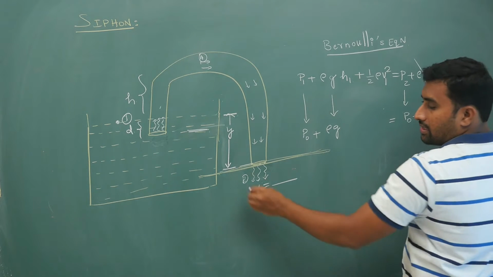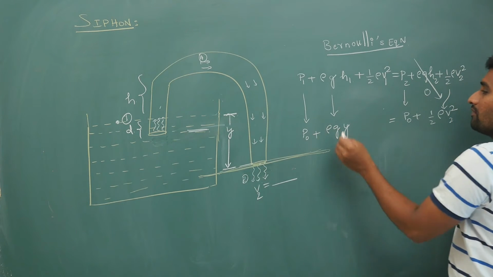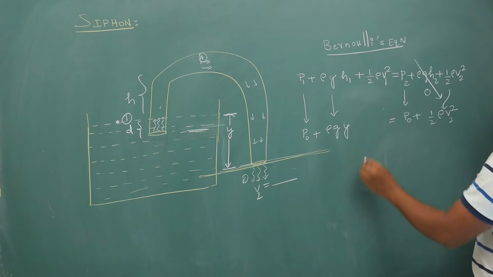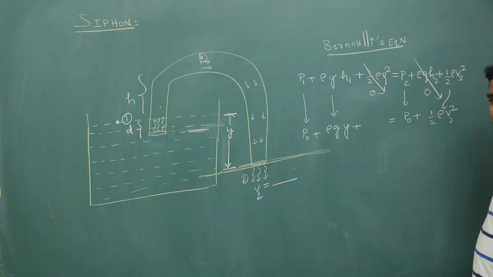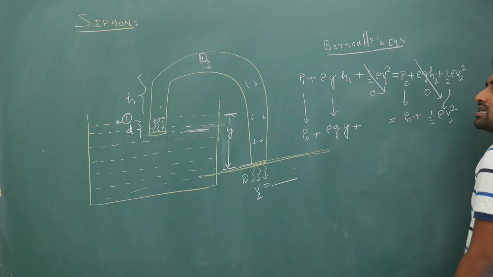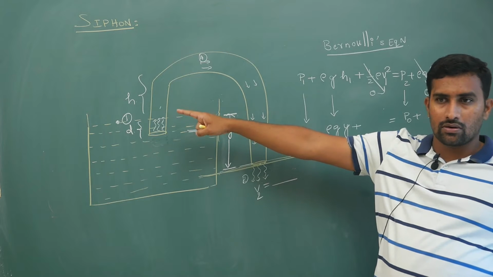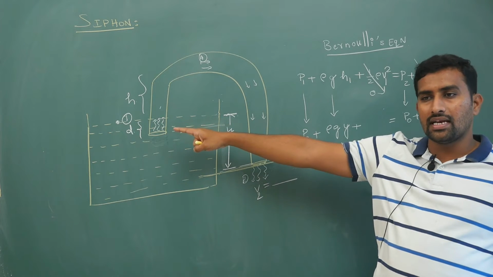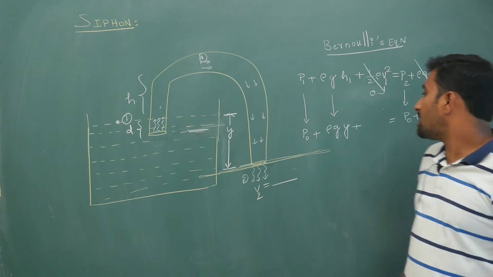Your height is from here to point 1, it is y, plus half rho V1 square, which is 0, because at the surface you have a very large surface area. In Torricelli's theorem also I have told you. So it is 0.